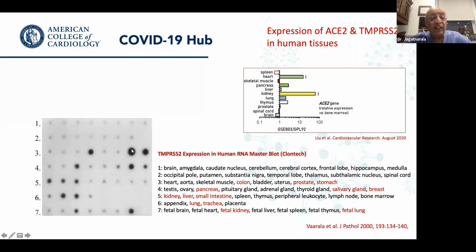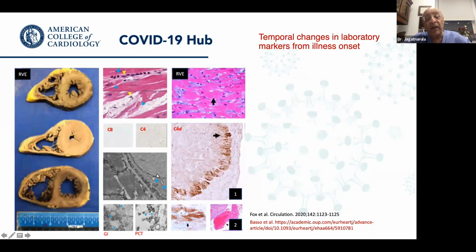So it is present at a very high level in the urinary tract as well as the GI tract, but it is not present in the myocardium, suggesting relative immunity of the myocardium.